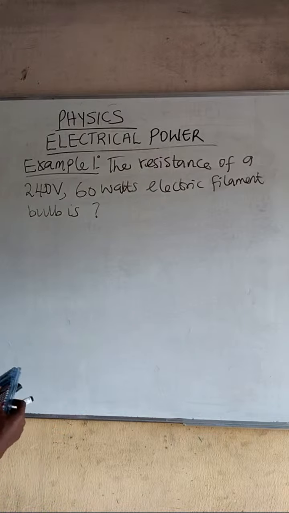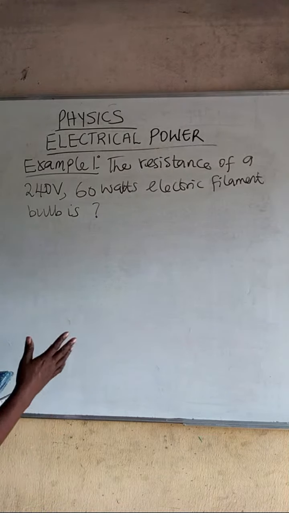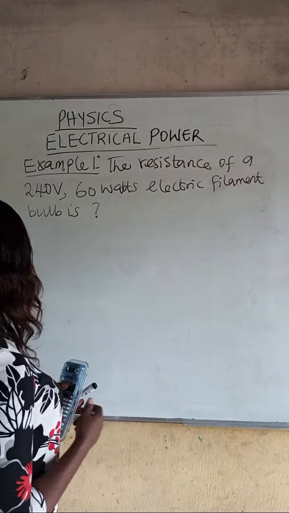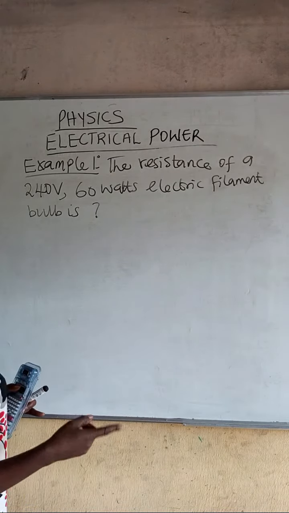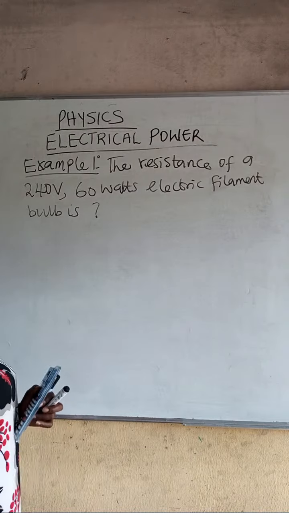So going by what we have, let's look at the question. The resistance of a 240 volts, 60 watts electric filament bulb is dash.